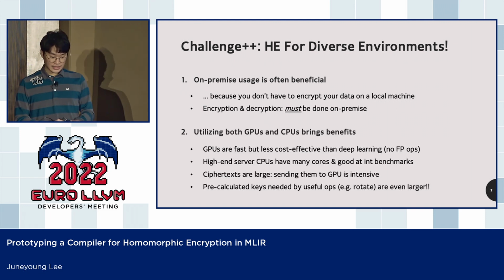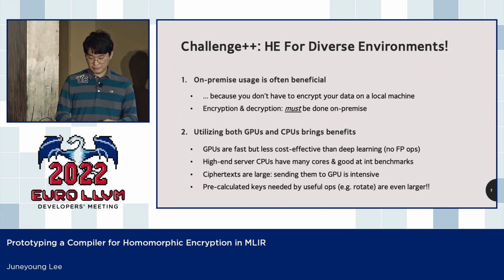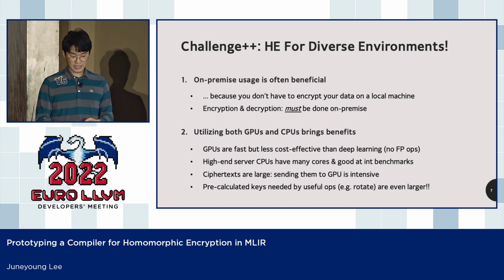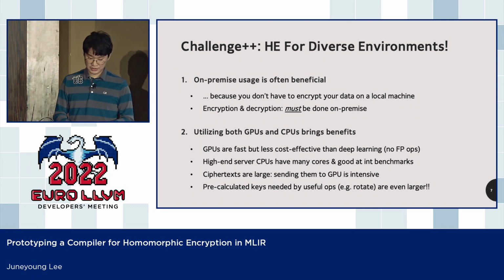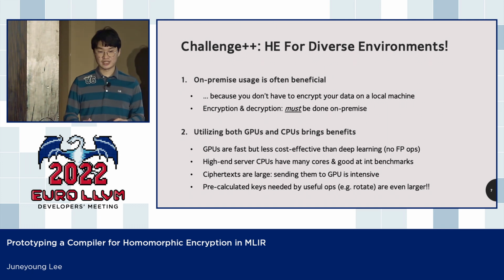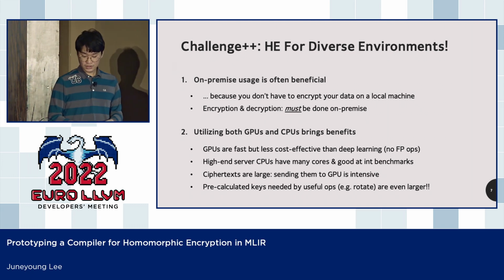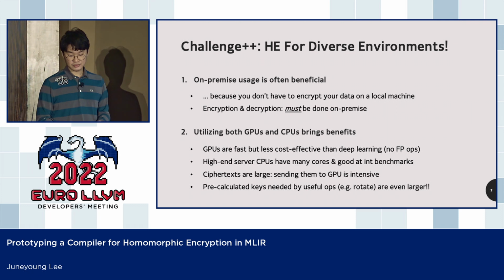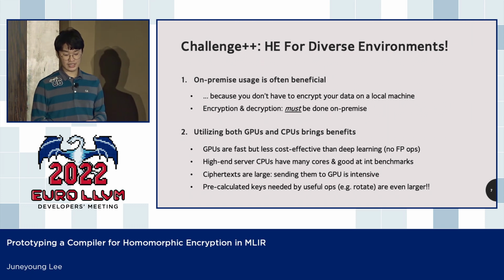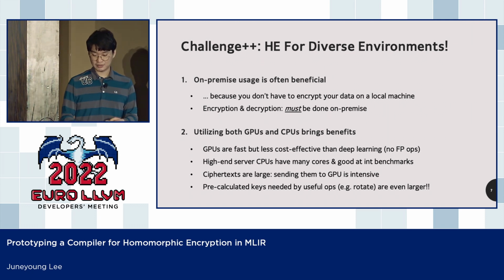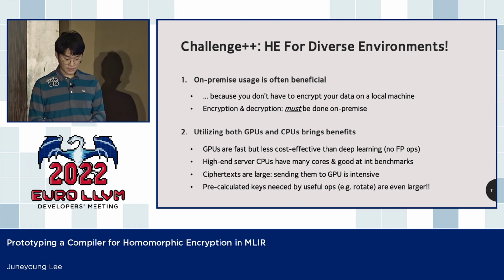And secondly, utilizing both GPUs and CPUs brings high benefits in the case of homomorphic encryption. GPUs are fast, but it is less cost-effective than running casual deep learning applications because we do not use floating point operations. Also, high-end server CPUs recently have many cores, and they are pretty good at integer benchmarks, so it is beneficial to utilize them.